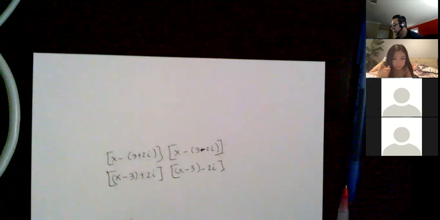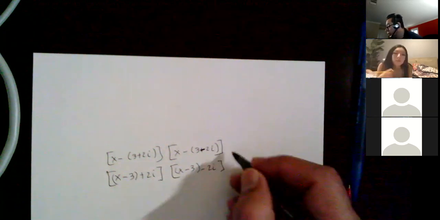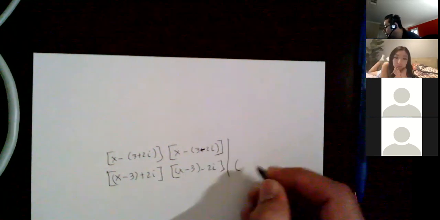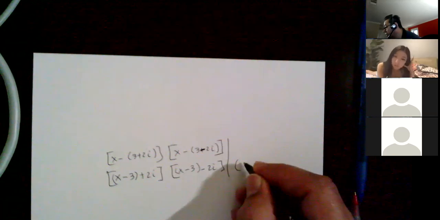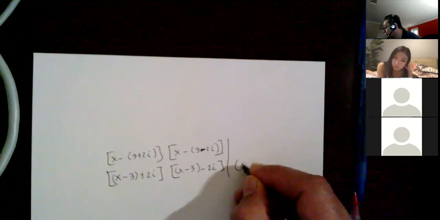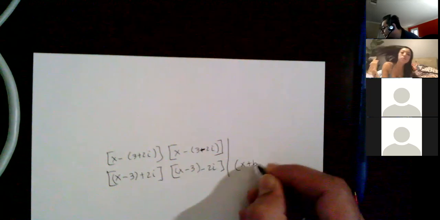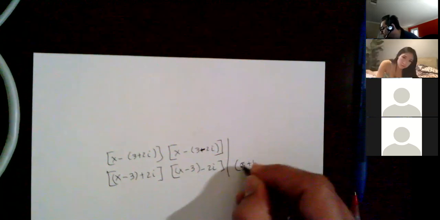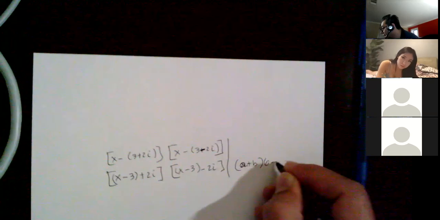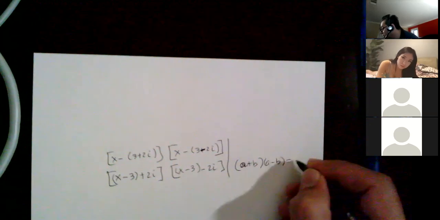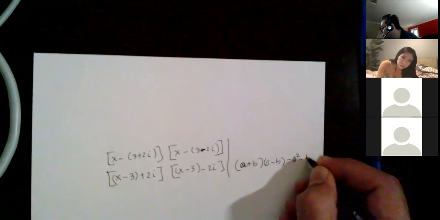Yes. And then from here, I'm going to use a formula that we are familiar with that goes this way. A plus B times A minus B is equal to A squared minus B squared.